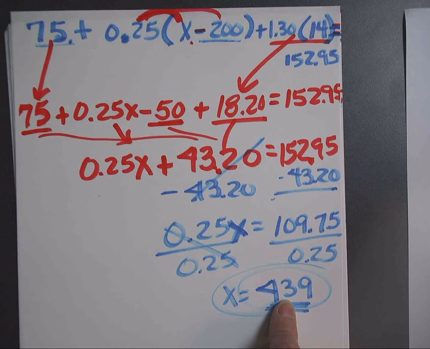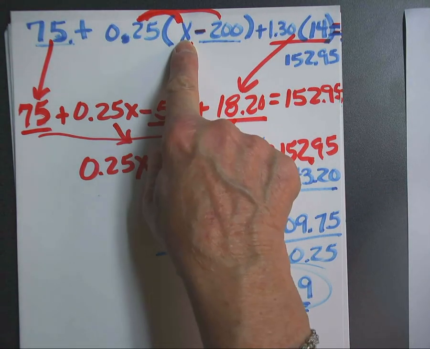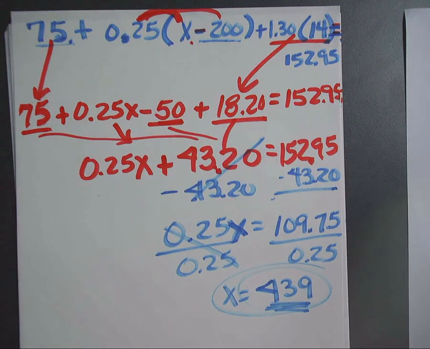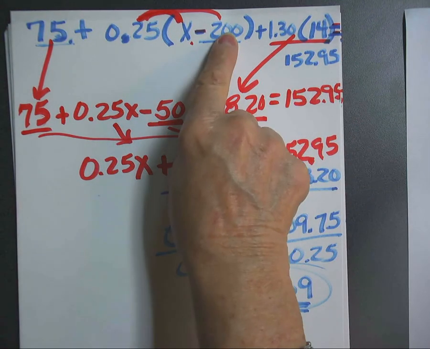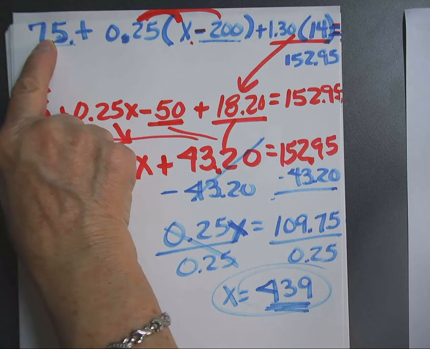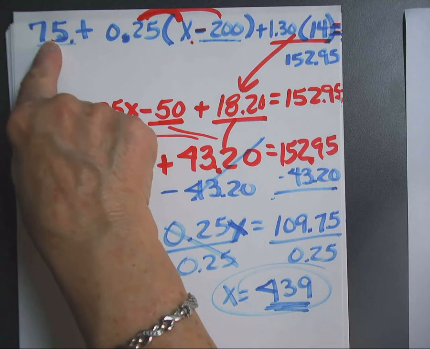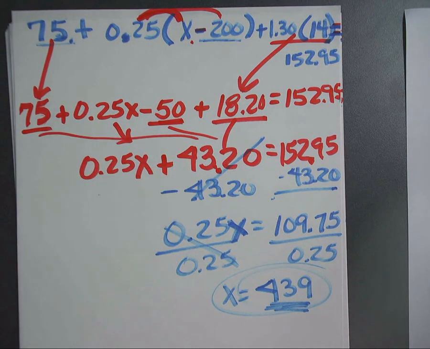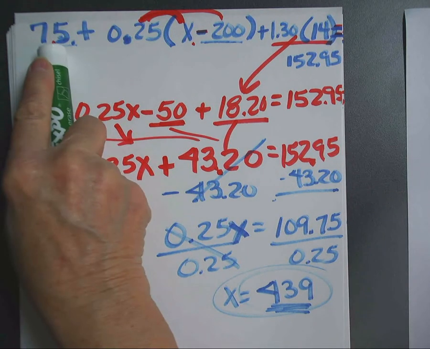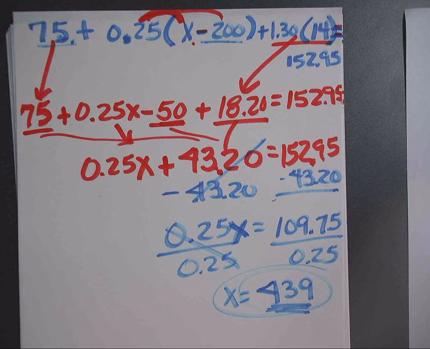No. If you actually put this total in there, it'll come out right, because you've already paid for 200 right there. You paid for the first 200 with that. That basic rate is, if you have under 200, you still have to pay 75.